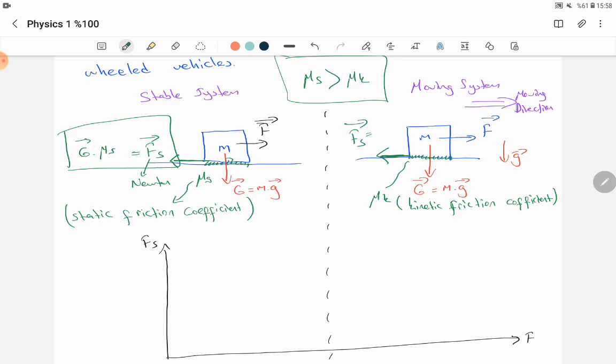We can also find the frictional force of the moving system.